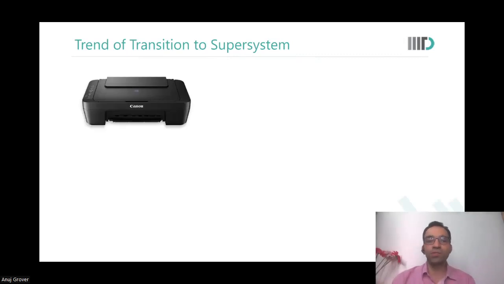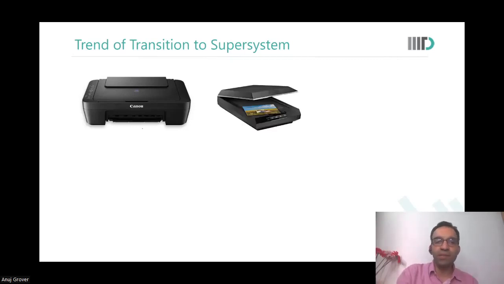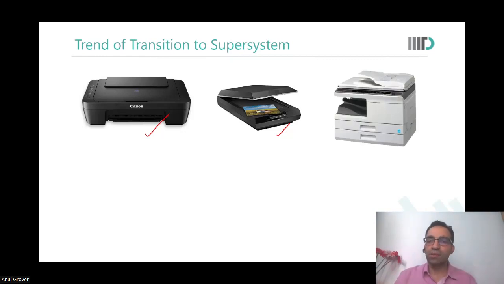Trend of transition to super system. So some time back, you used to have a printer, you used to have a scanner, you used to have a fax. So this was the fax, scanner, and printer. The super system was office workspace.